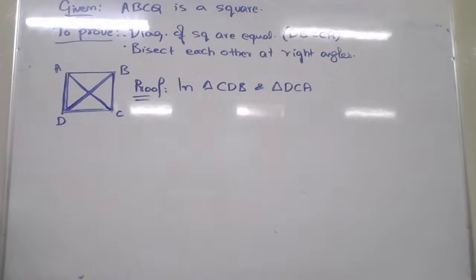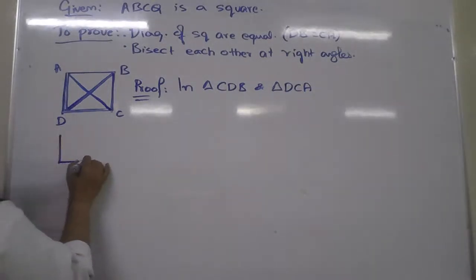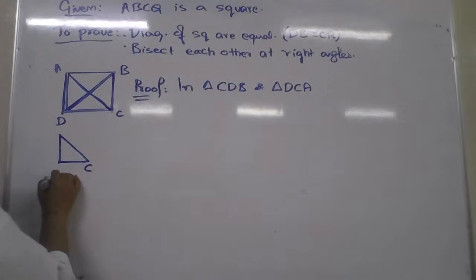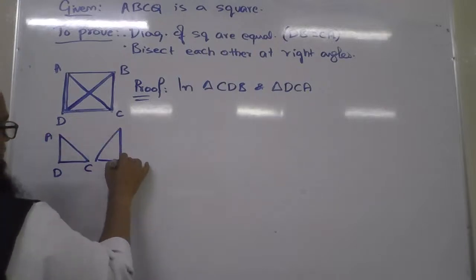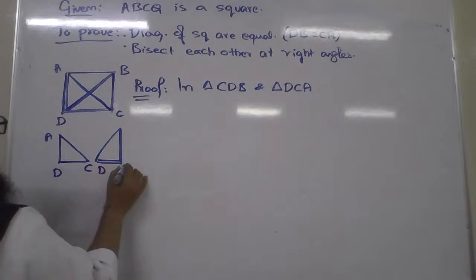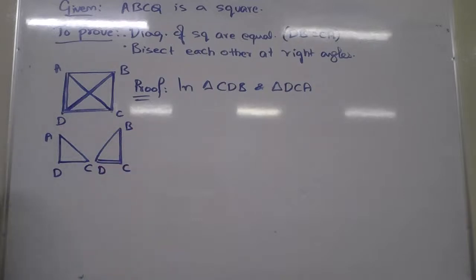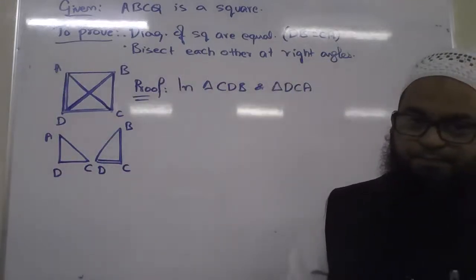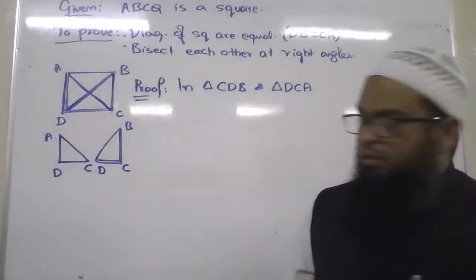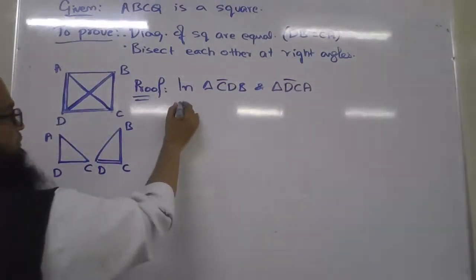Now tell me, in these two triangles, if you are getting confused, let me write CDA and DCB. Can anybody tell me what are the equal parts over here? CD and DC are common.